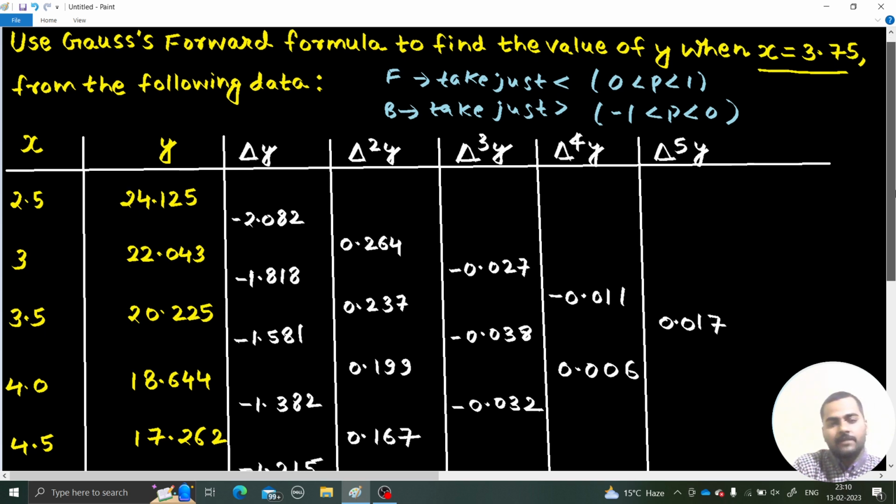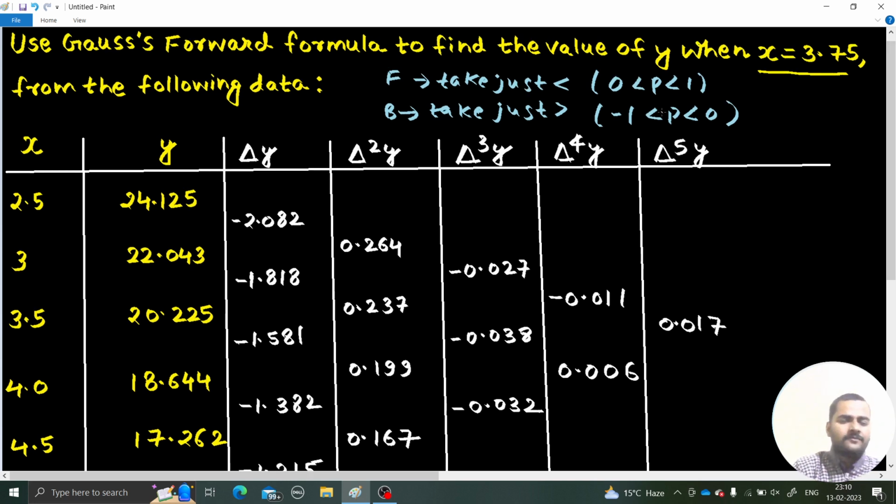So what x naught value you must take, this is not a hard and fast rule that you will always get this type of scenario between 0 and 1. Whatever is given in the question, you have to follow that. So 3.75, just smaller than that, 3.5 you'll take as x naught.